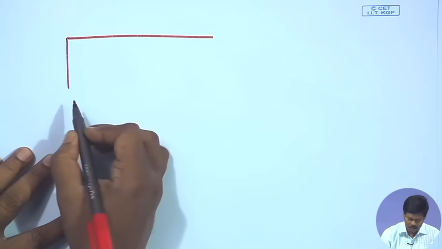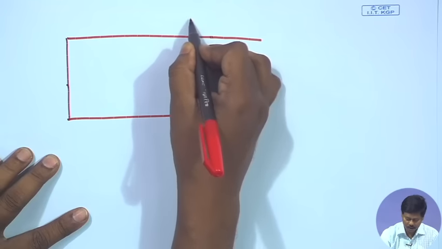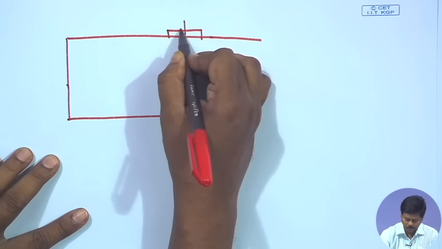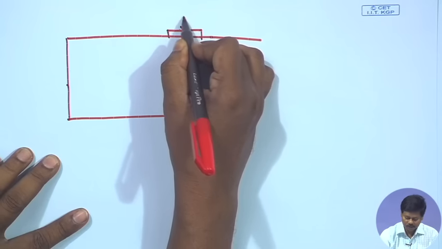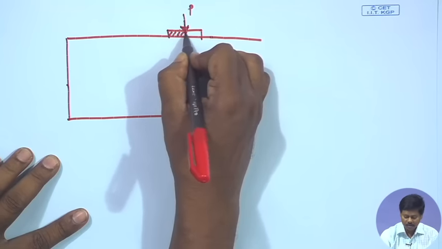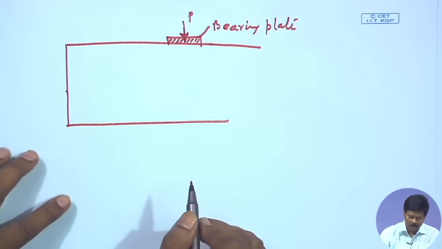Say for example, if a member is subjected to concentrated load at certain point, say concentrated load P is there, and this is called bearing plate. Right, bearing plate.